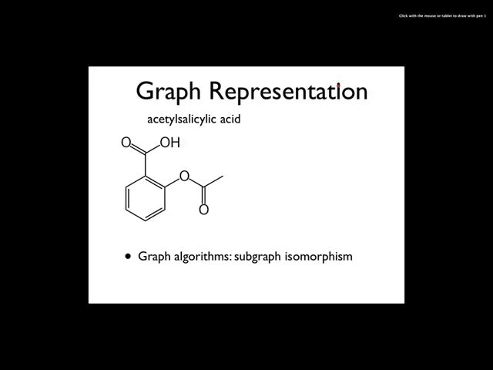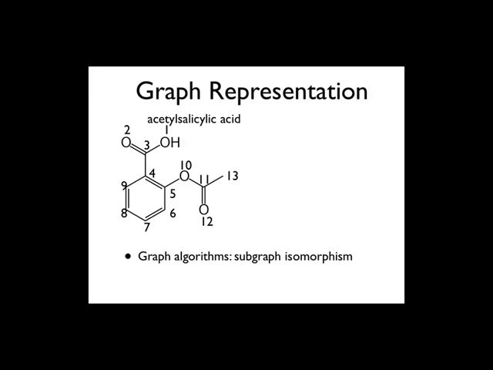In this representation, the carbons are not labeled, but they are all the vertices without labels, such as these in the ring. The other atoms are labeled, and then you have 1 line for a single bond and 2 lines, like here, for a double bond. You can then use graph algorithms to compare your chemicals to each other, such as subgraph isomorphism.